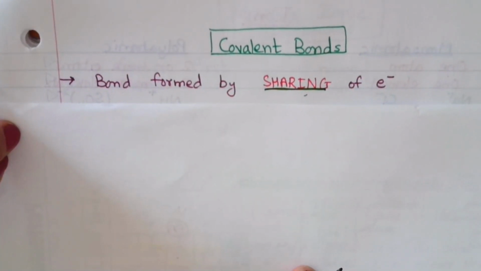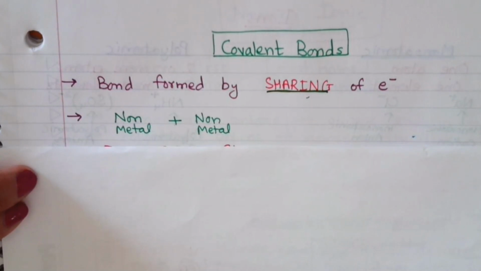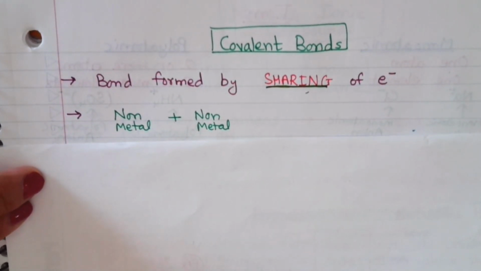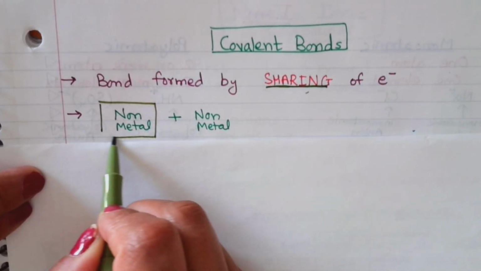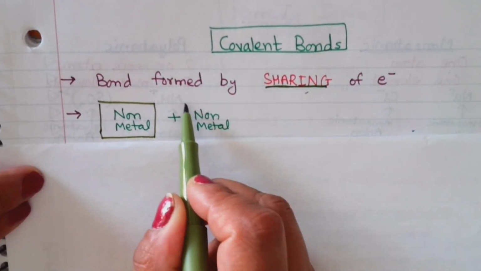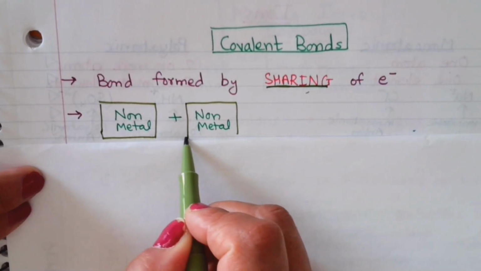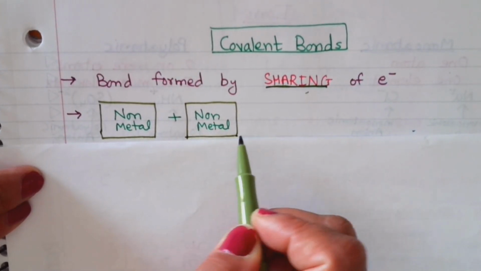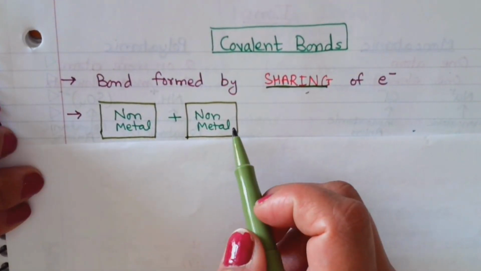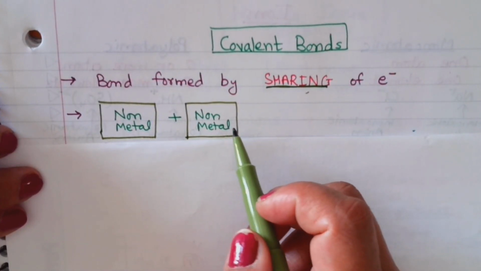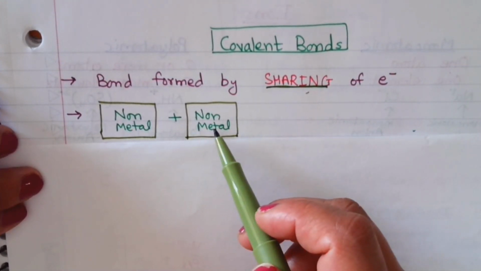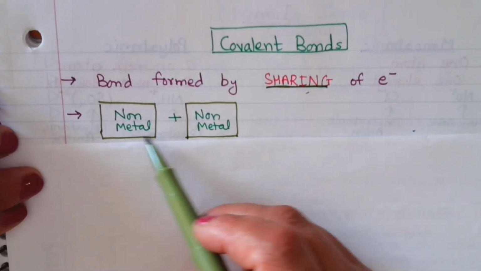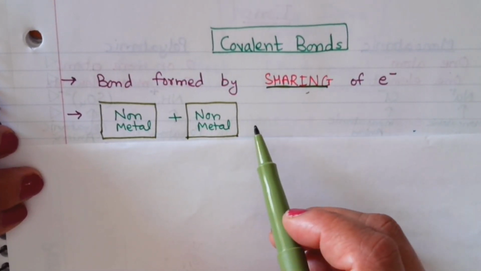So what happens? How are covalent bonds formed? These are formed when we have two elements that are both non-metals. Always remember, non-metals like to gain electrons and form negative ions, right? And it's the metal that always loses electrons. But here nobody is willing to lose any electrons. They both are non-metals, right?